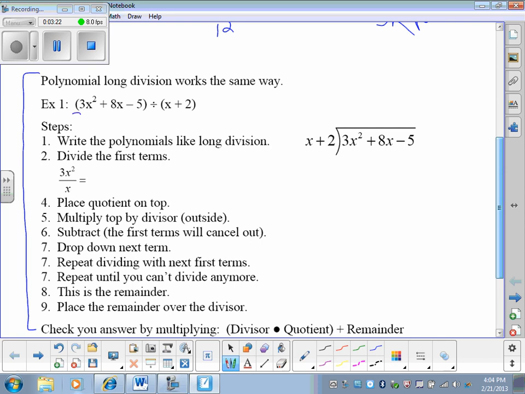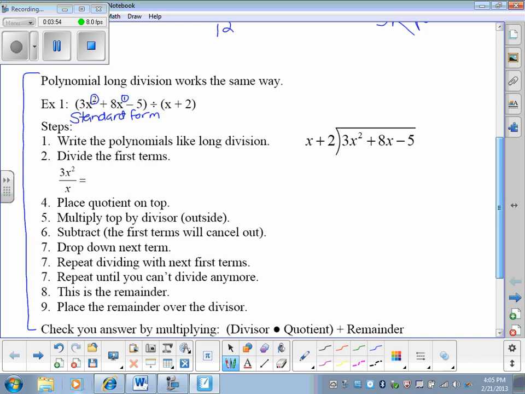The polynomial needs to be in standard form, with all of the exponents accounted for. In other words, it has an x squared, it goes 2, 1, and then 0, right? This would be a 1, and then there's no exponent on the 5. And so all of them need to be accounted for, just like when we did synthetic substitution. If it's not, you're going to put a placeholder there, and I'll show you an example of that later.